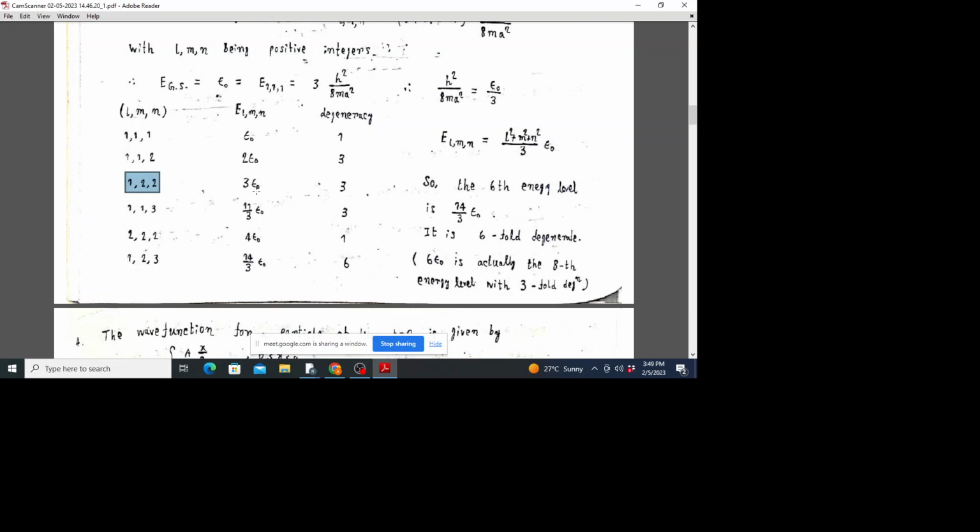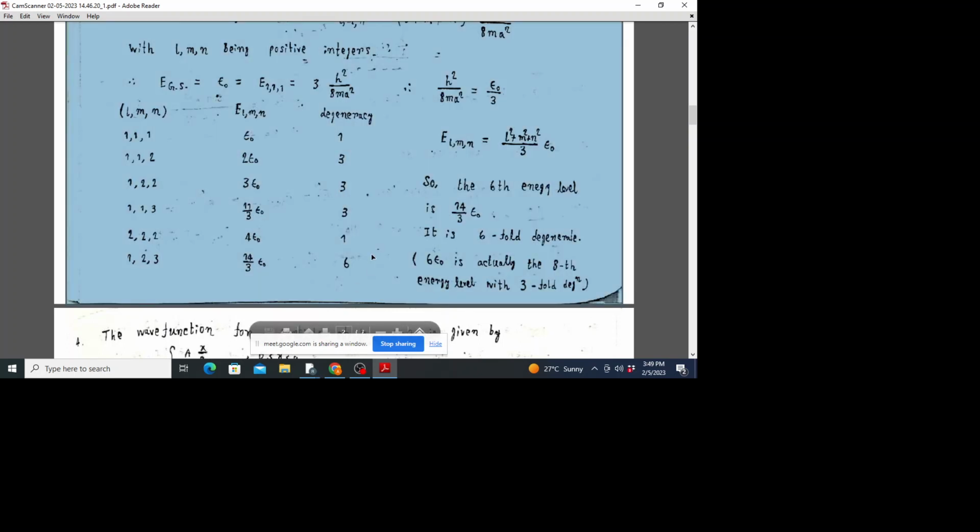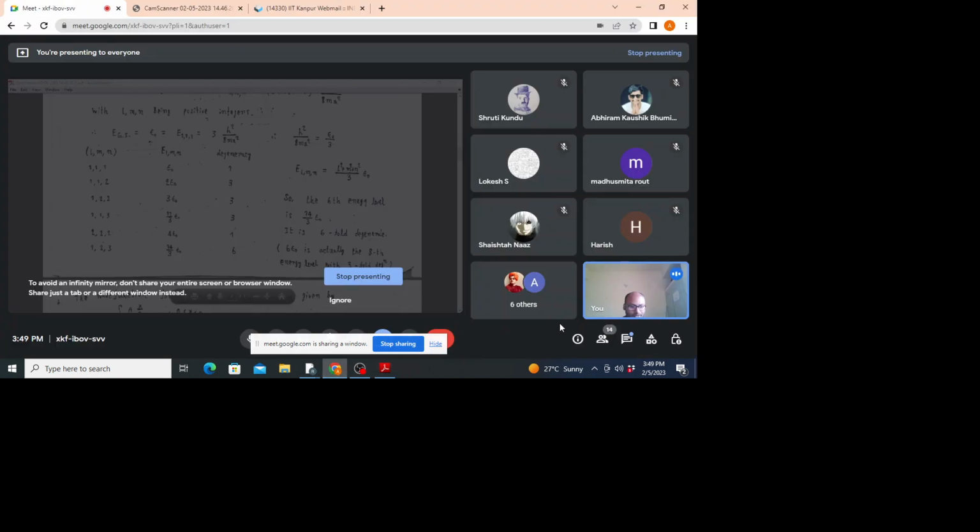Since the 3 epsilon naught energy level can be reached in 3 different representations of L, M, and N, that is why the degeneracy is 3. So that is the concept of degeneracy.